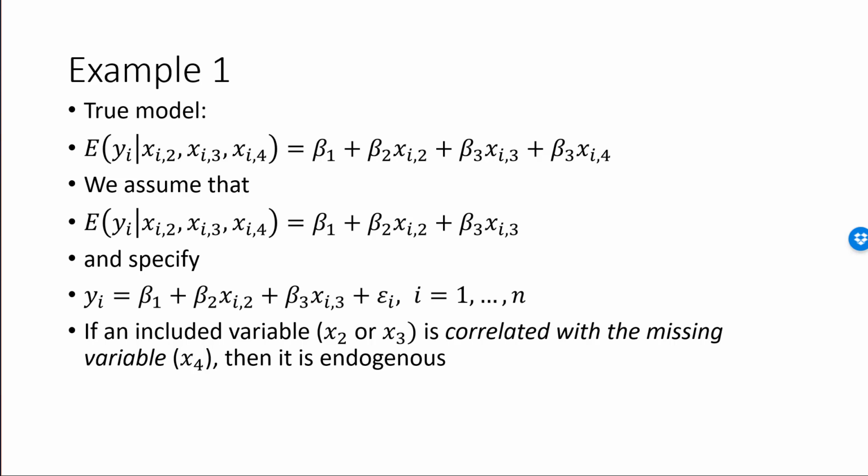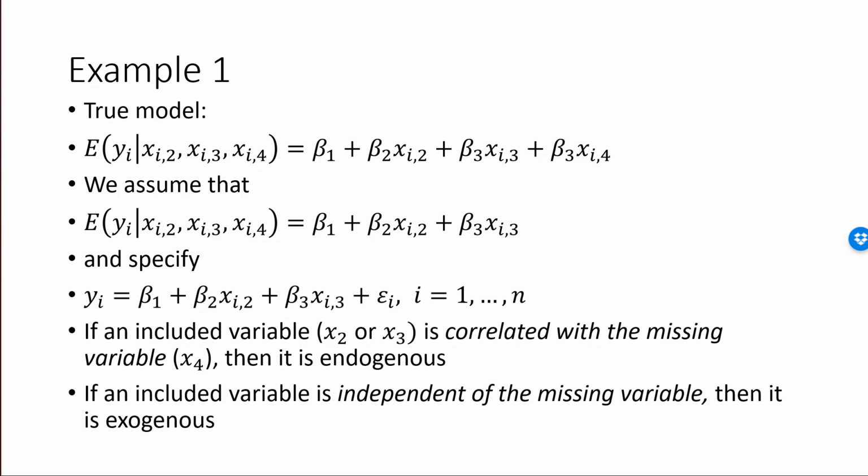If I estimate this model using OLS, and I estimate beta 2, for example, with B2, then B2 will be a biased and inconsistent estimator of the marginal effect of x2 on y, here interpreted as keeping x3 and x4 constant.